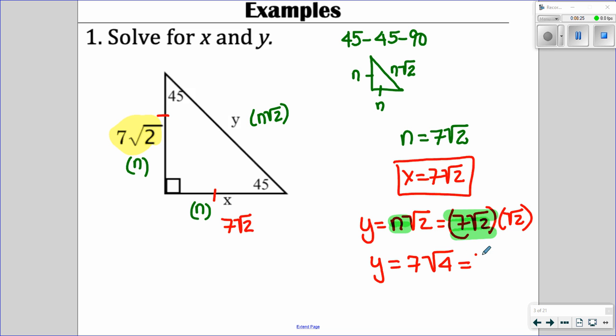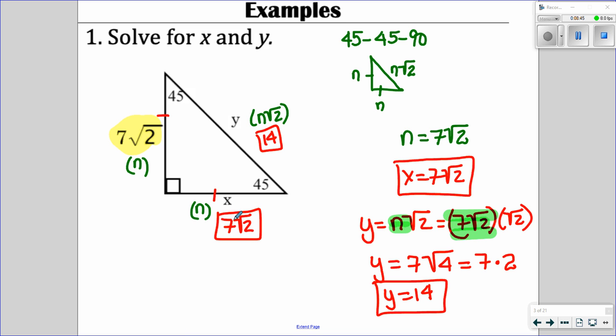And then you simplify further. 7 times, what's the square root of 4? It's 2. So it comes out, so 7 times 2, and then you will get y to be 14. So I'm going to plug in my 14 as my answer. And there you go. X is 7 root 2, and y is 14. And you solve it using the side ratio for the 45, 45, 90.